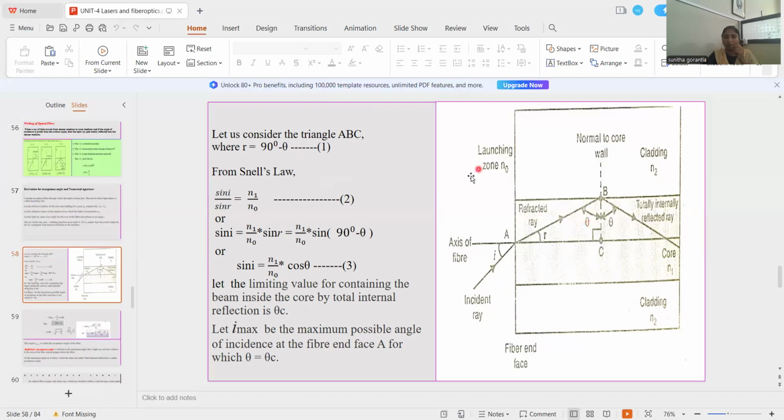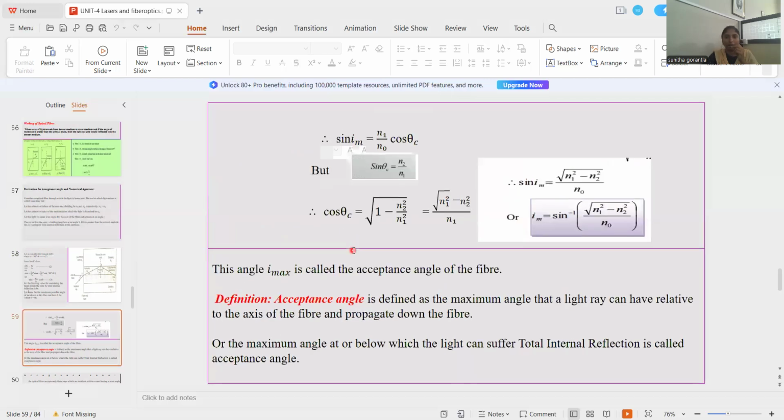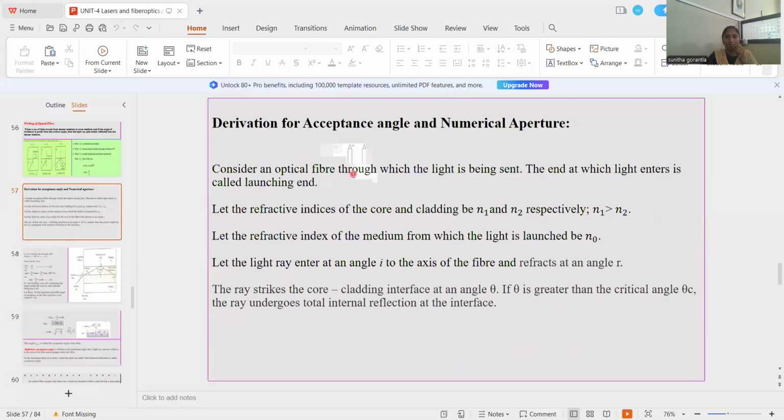So now we find out the acceptance angle. For this, I is equal to I maximum and theta is equal to theta c. Maximum angle means acceptance angle. We find the equation for the acceptance angle.